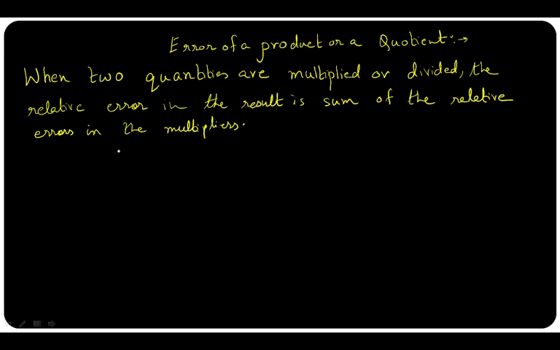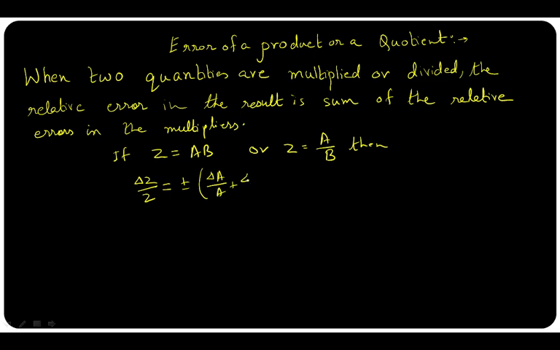Therefore, if z is equal to a into b or z equal to a by b, then del z by z is equal to plus minus del a by a plus del b by b.